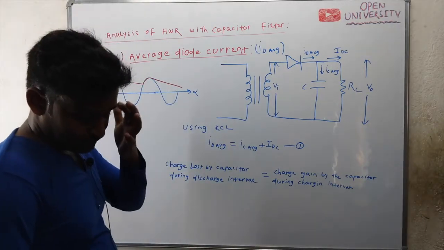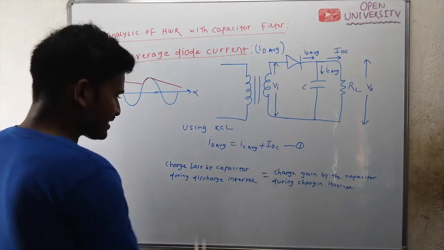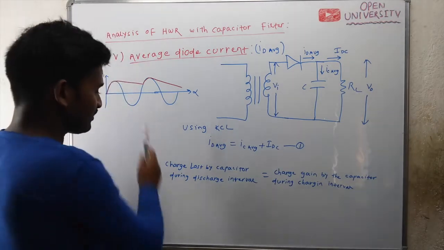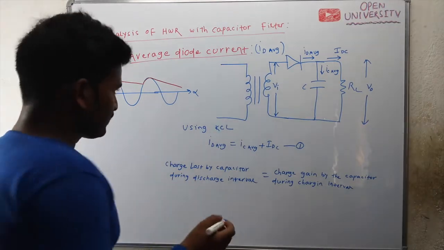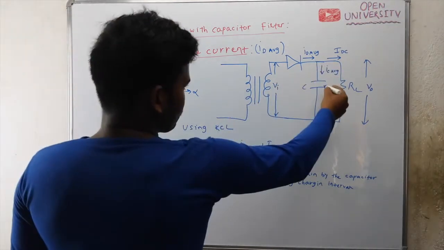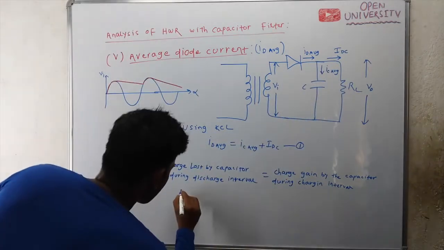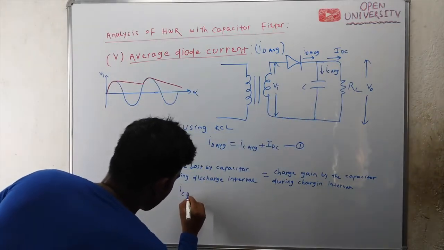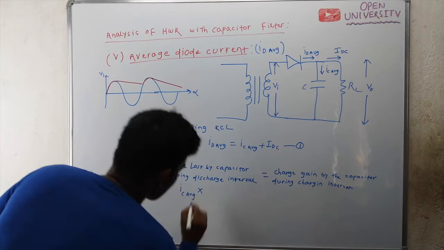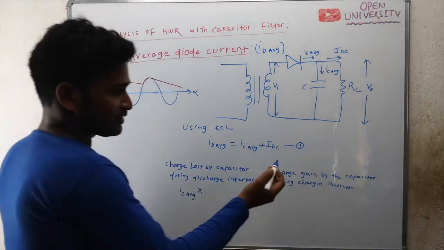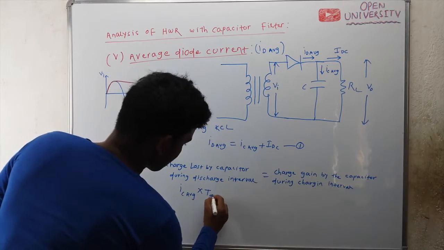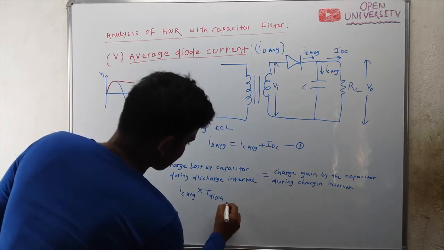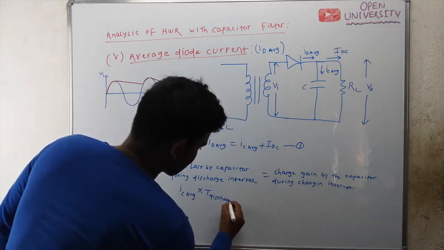So what is the charge lost in this interval? Q equal to I into T. What is the current through the capacitor? IC average. So IC average into discharge interval, T discharge.